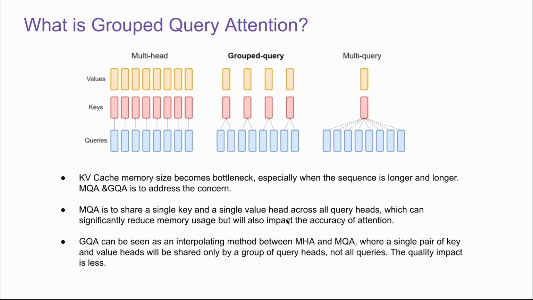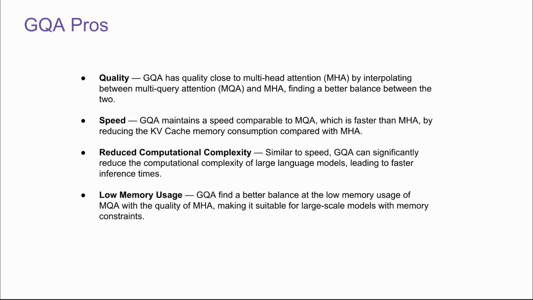So it will negatively impact the quality and accuracy of attention. GQA is in between. It shares only by a group of query heads, not all queries. So the quality impact is less, and you still have some memory gain.